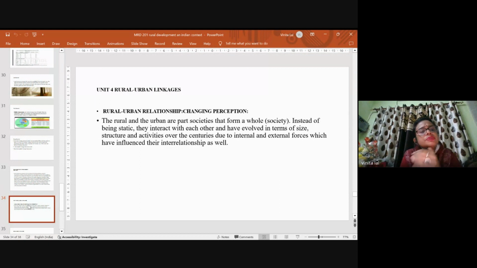This is often used when policies are being developed, but it is in fact misleading and unhelpful. The rural and urban are parts of one whole society, and far from being static, they interact with each other and have evolved in terms of size, structure, and activities over the country due to internal forces which have influence.